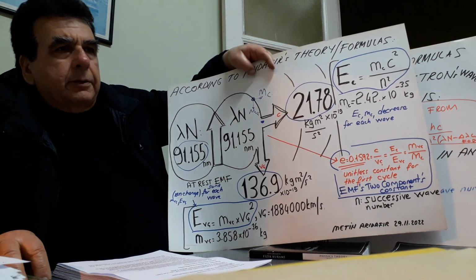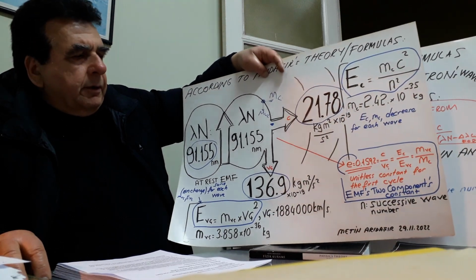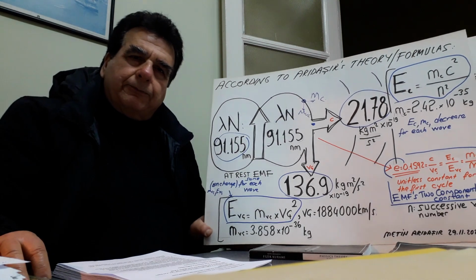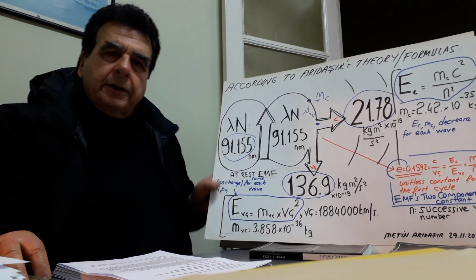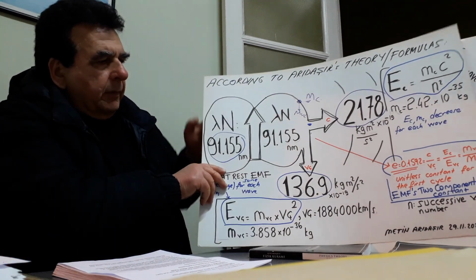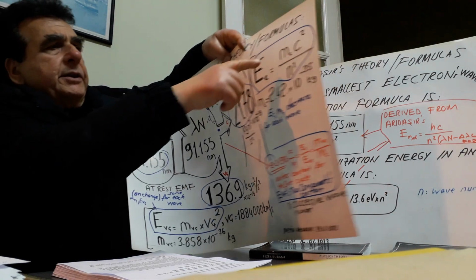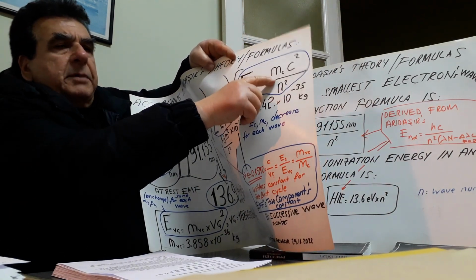Determinative of, for instance, what? Determinative of fine structure, fake unitless constant. Yes, here, snapshot again. This mass is not relativistic mass.